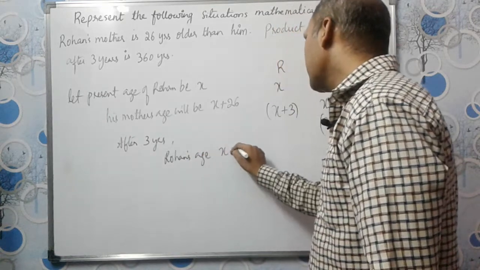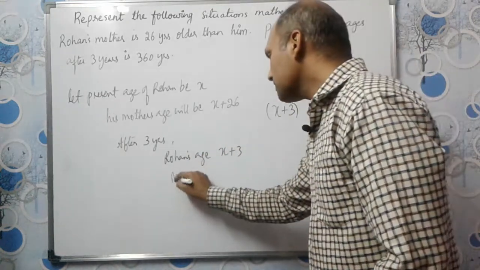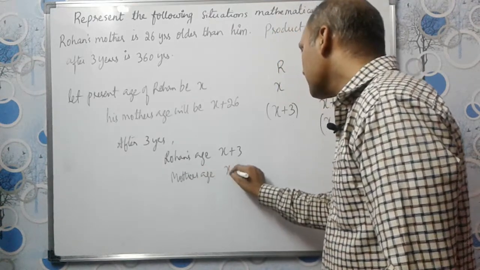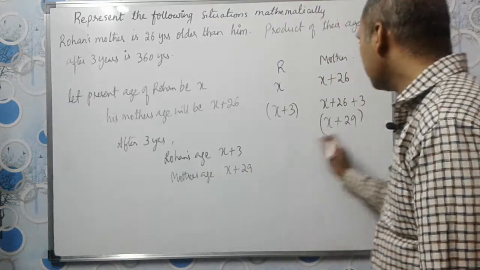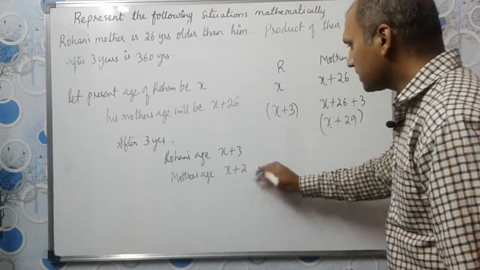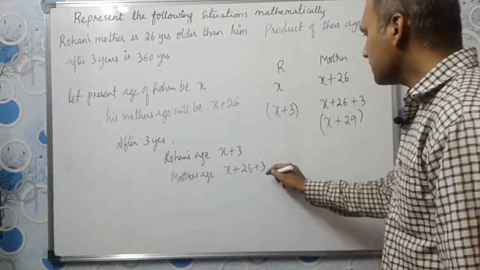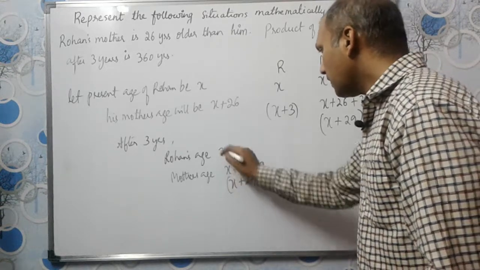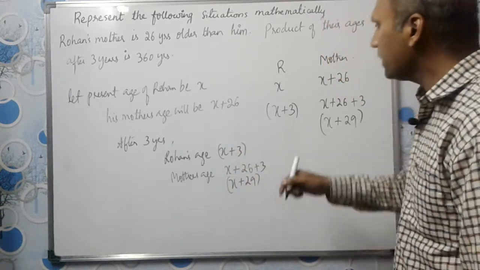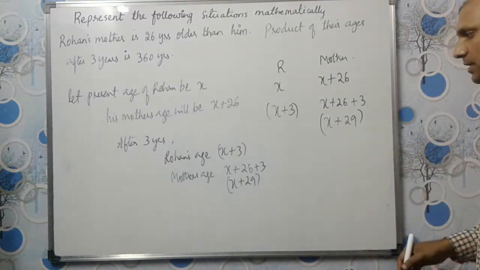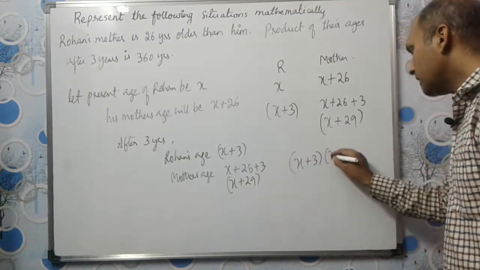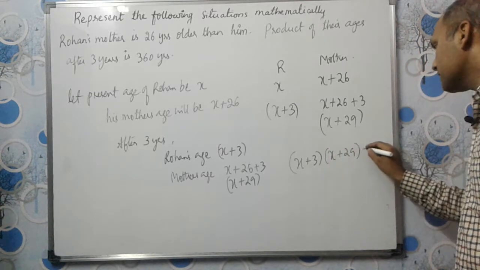Rohan's age will be x plus 3. The mother's age will be x plus 29, from here. x plus 26 plus 3 gives us x plus 29, right? And what is given? This product is equal to 360. So let us multiply this. x plus 3 multiplied by x plus 29 is equal to 360.